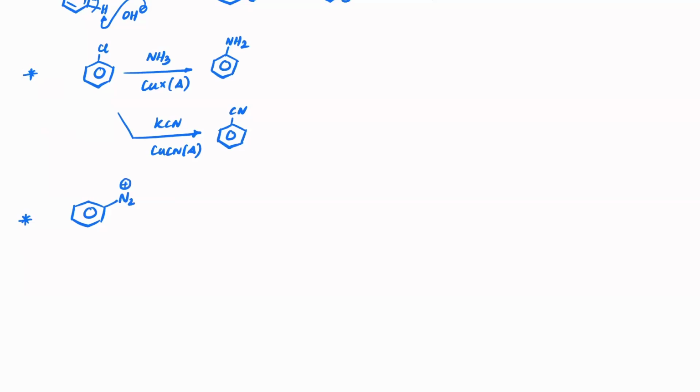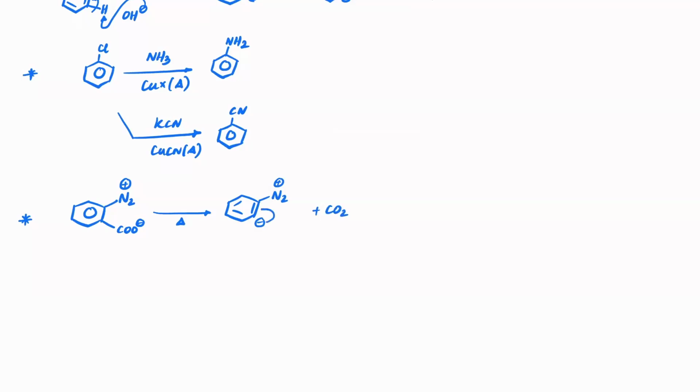And in case you have something like an N2 plus group, which is a strong leaving group, and then COO minus, which is also a good leaving group, on heating, what would happen here? First we have N2 plus, which is a very easy leaving group. Carbon dioxide will leave by making that minus charge on the benzene.